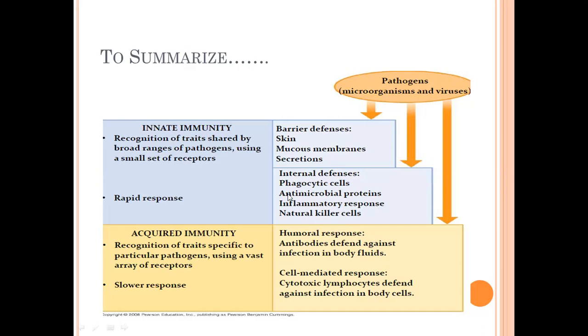Then after these rapid responses, the acquired immunity, which is slow to develop, will be activated. It can be of two types: humoral response, so that antibodies are formed against the infections, or cell-mediated response, where cytotoxic lymphocytes are formed against the particular infection. So this is how the immunity is working.